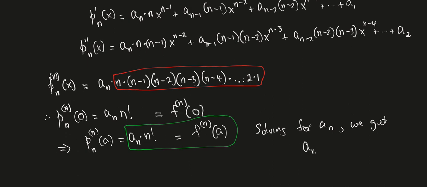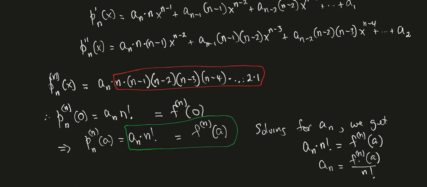It says a sub n times n factorial is equal to the nth derivative. This is the property that we want our polynomial to have. And then now I can divide both sides by n factorial. So a sub n is our nth derivative evaluated at a divided by n factorial.